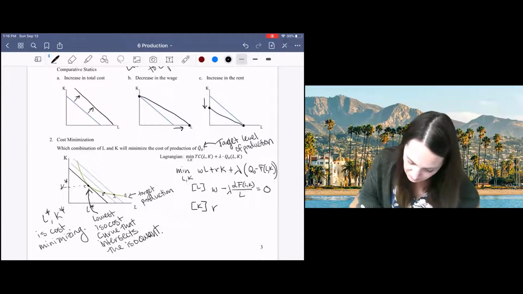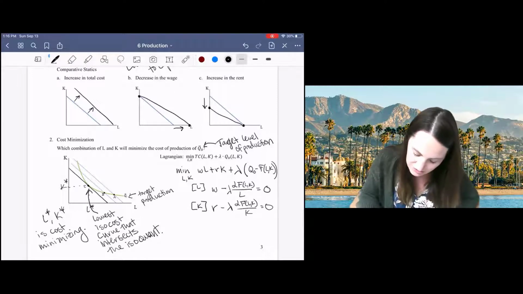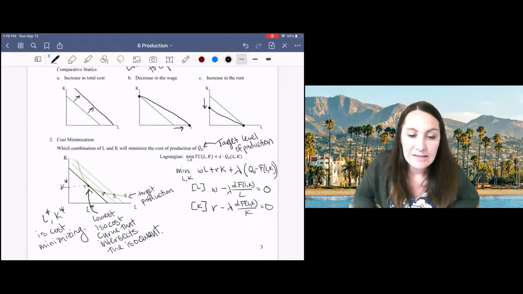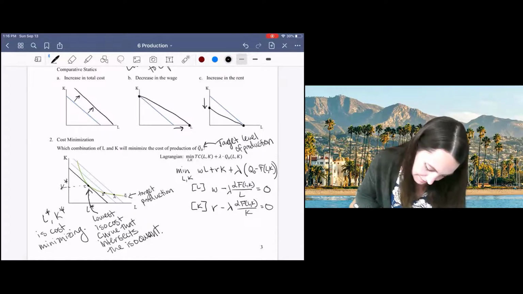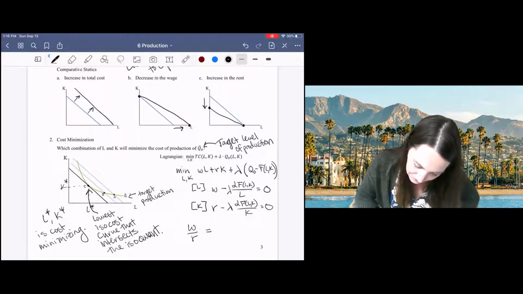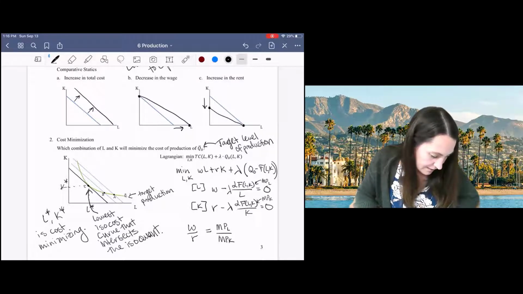We take the derivative with respect to capital. I would get R minus the derivative of the production function with respect to capital times lambda. And of course, I would set that equal to 0. And then combining these, and I can combine by dividing, I get W over R is equal to, on the other side, the marginal product of labor over the marginal product of capital.